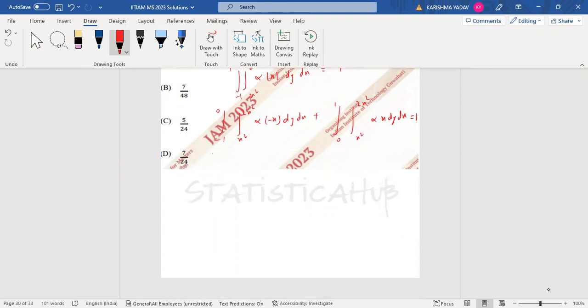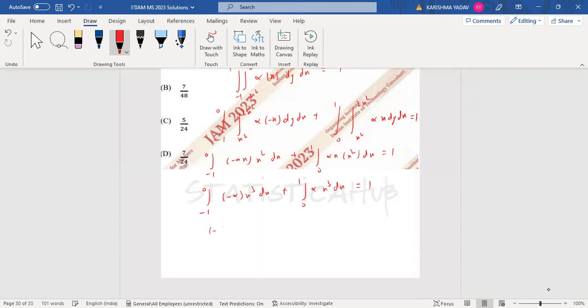That is -1 to 0 of minus alpha x, as this will be 2x square minus x square, that is x square, dx, plus 0 to 1 of alpha x, this will be x square, dx, equals 1. So -1 to 0 of minus alpha x cube dx plus 0 to 1 of alpha x cube dx equals 1.